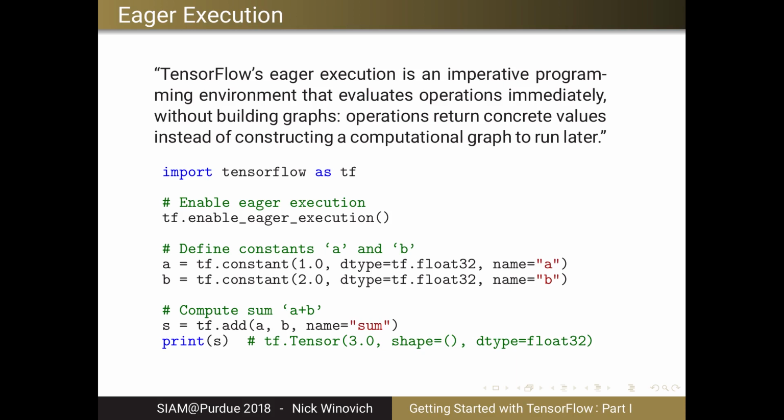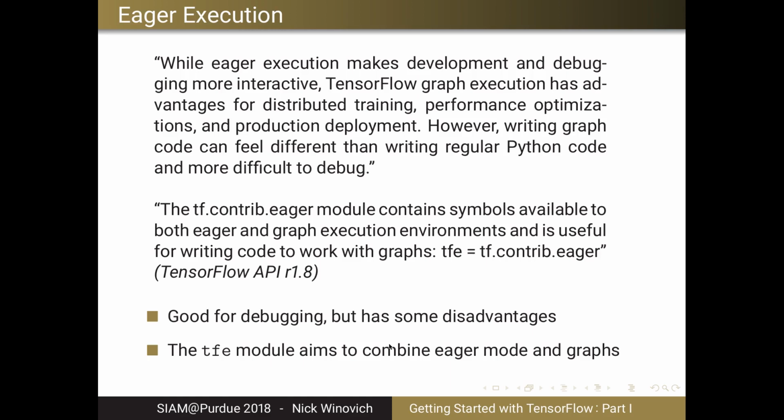So it will define A in this case and B to be constants. We've enabled eager execution, so when we print the value S, the result of add A plus B, we actually see the value 3. So 3 is stored in that tensor. It's computed online.